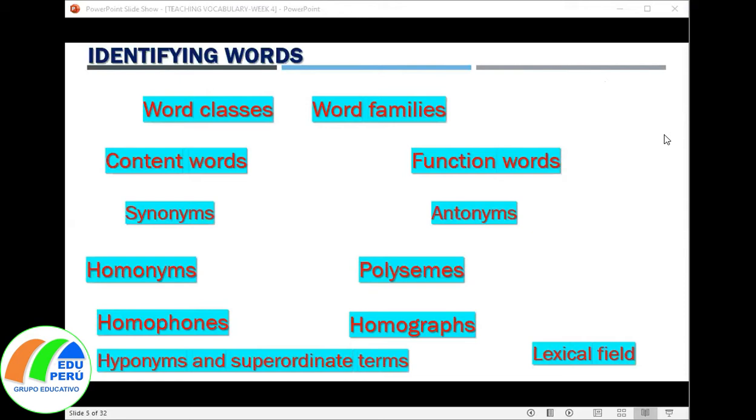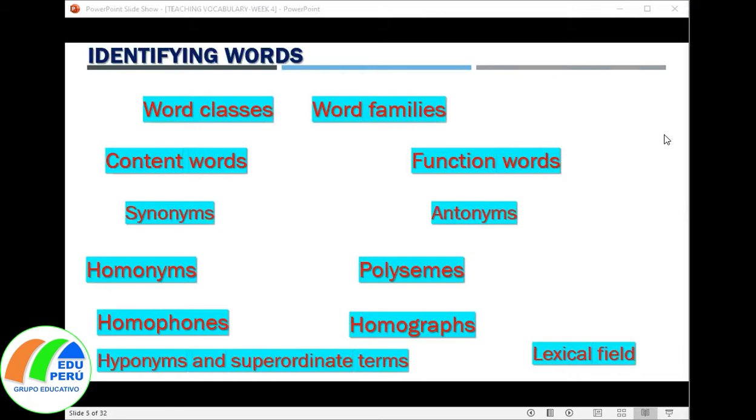And what about the polysemes? These are words that have multiple but related meanings. Yes, words which have different meanings, but their meanings are related. They are not completely different, right?